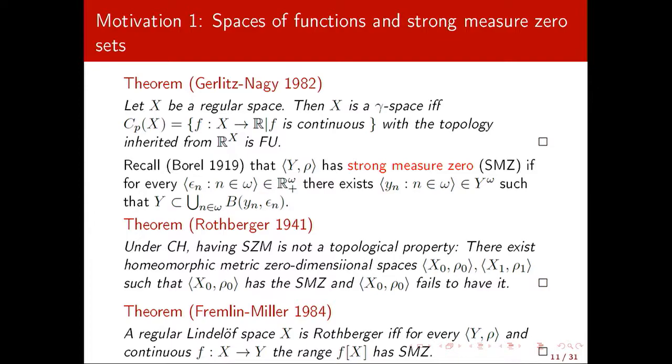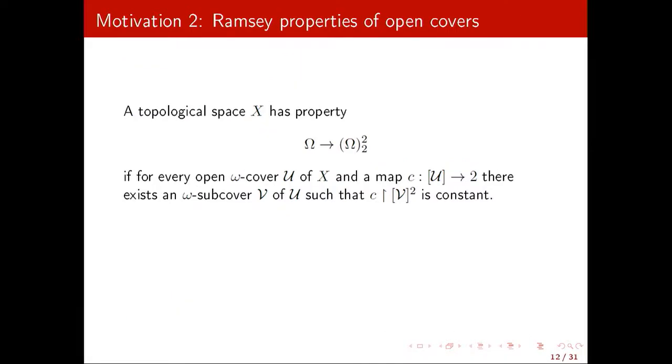They must be such covers that for each of them you've got this epsilon. It's a cover by epsilon balls. And Fremlin and Miller proved that a Lindelöf space is Rothberger if and only if for any metrizable image of it, the range has strong measure zero. So you may think of the Rothberger property as just a topological counterpart of strong measure zero. Good, so this is the motivation for these two.